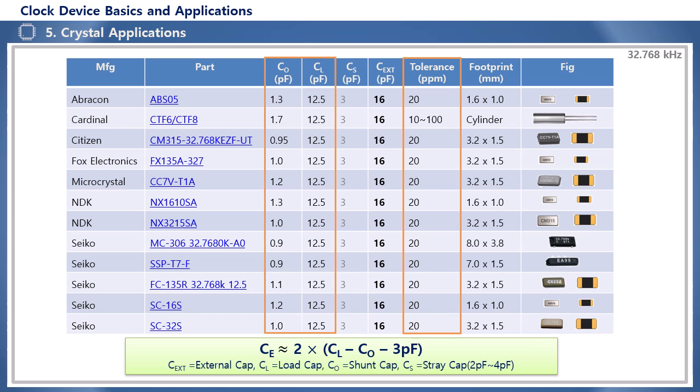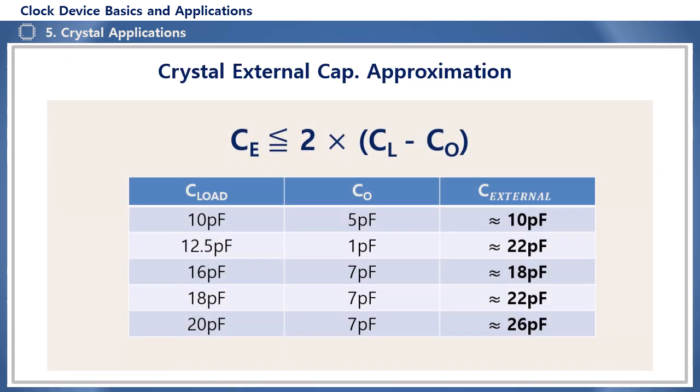After applying the external capacitor value as calculated in this way, it is recommended to check whether the MCU is operating normally and also check whether the correct frequency is output with a measuring instrument. In summary, the value of the external capacitor of the crystal, CE, has a relationship of twice CL minus C0.